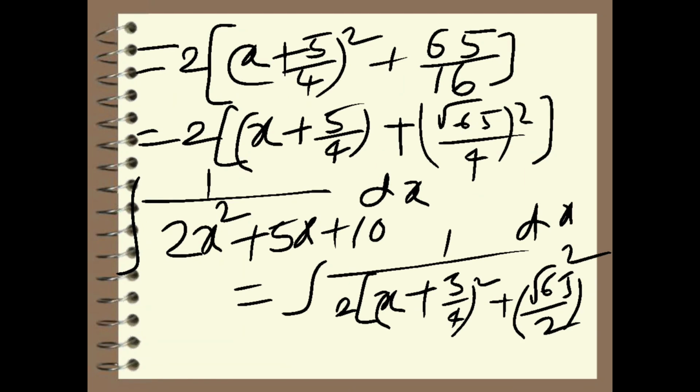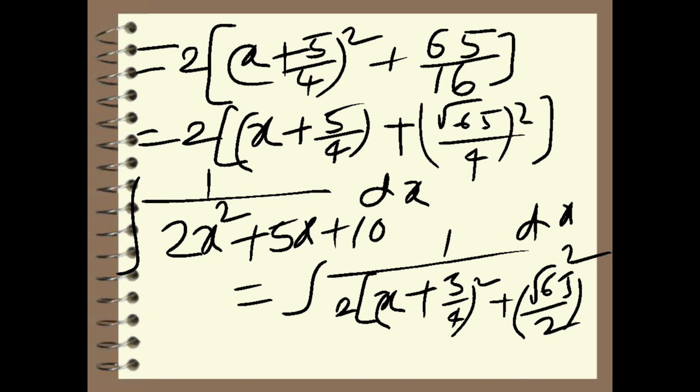Is it clear up to now? So 1 by 2 of x plus 5 by 4 whole square plus root of 65 by 4 whole square. Now it is clearly of the form 1 by x square plus a square.